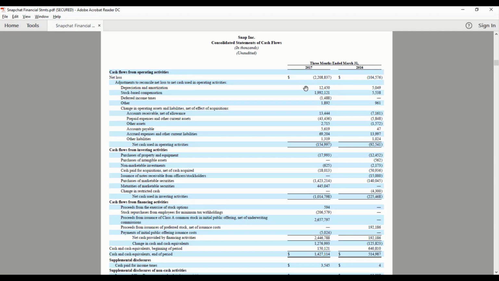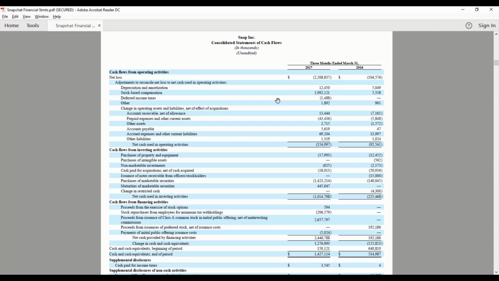Okay, so we would add that back into net loss to get to our EBITDA number. But that doesn't tell us the whole thing. We are still missing like $2 billion, right? Well, if we look below, we see this item right here, stock-based compensation for $1.9 billion.